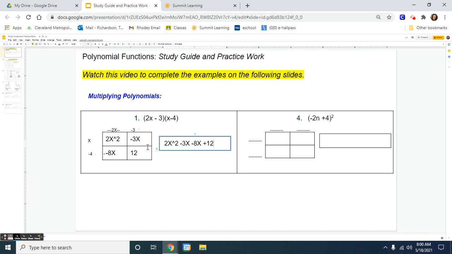So, what terms can you combine? And just be careful. They have to have the same letter and the same exponent. So for example, you cannot combine 2x squared and 3x because this first one is squared, the second one is not. You could not combine 8x and 12 because one has the x, one doesn't.